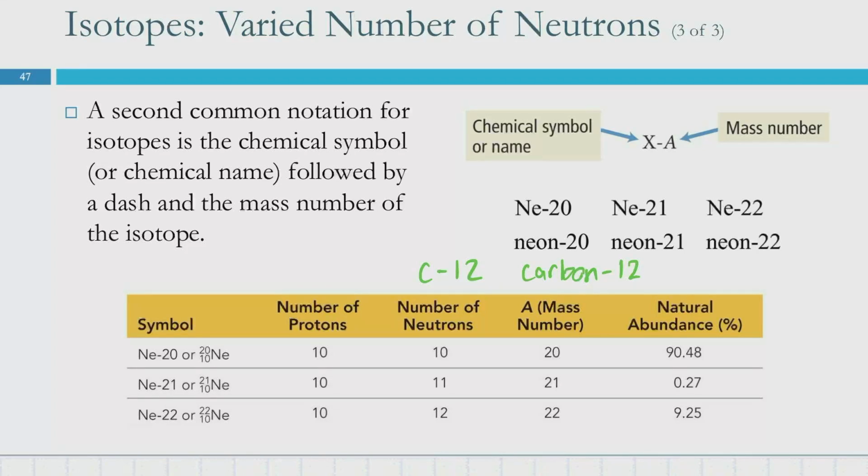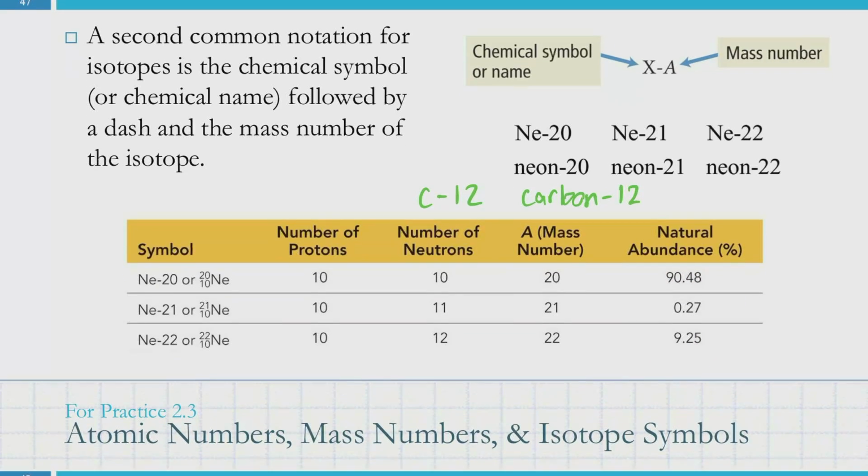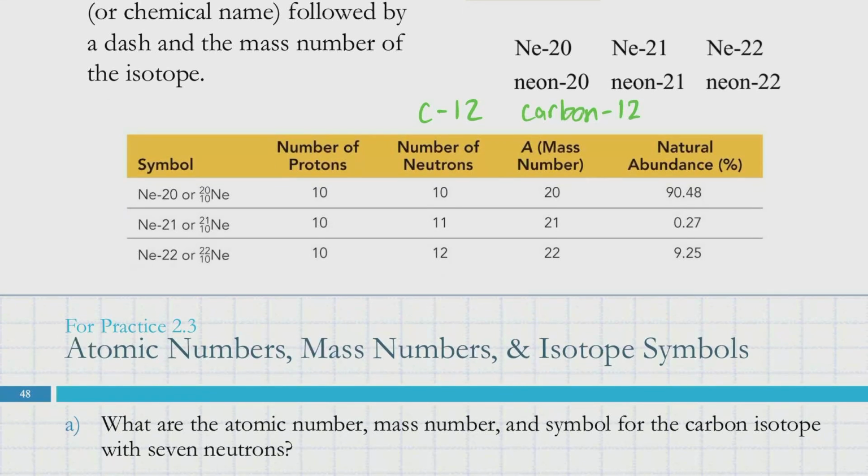And it's always going to be the mass number, because if we have the symbol or if we have the name, we could figure out what the atomic number is. So we don't need to give that information. That would be redundant. We would also be able to look up, or you could be given the natural percent abundance, which lets us do some fun problems. I like natural abundance problems. I think they're clever and fun sometimes.